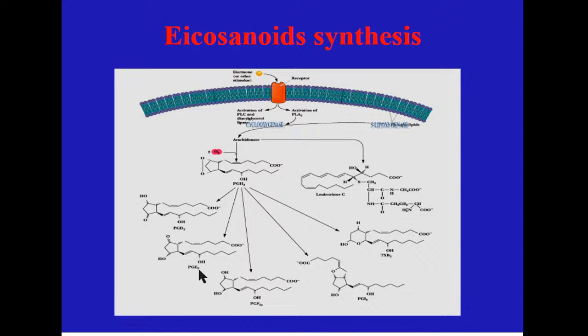Same here, prostaglandin E2 also contains 2 double bonds. Thromboxanes are also cyclic, but the form of this cycle and the substituents differ: this is a hexacycle, here you can see a pentacycle, and we divide them into different classes. So classes are due to structure, and function depends on the structure.